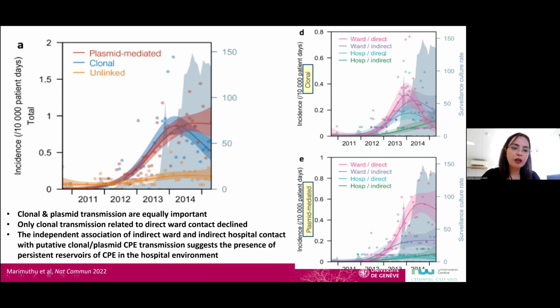There was a study in Singapore a few years ago that looked at the two types of transmission of CPE. They looked at almost 80% of the inpatient care given in Singapore countrywide over a 5-year period, and they tried to look at the importance of plasmid-mediated and clonal transmission.